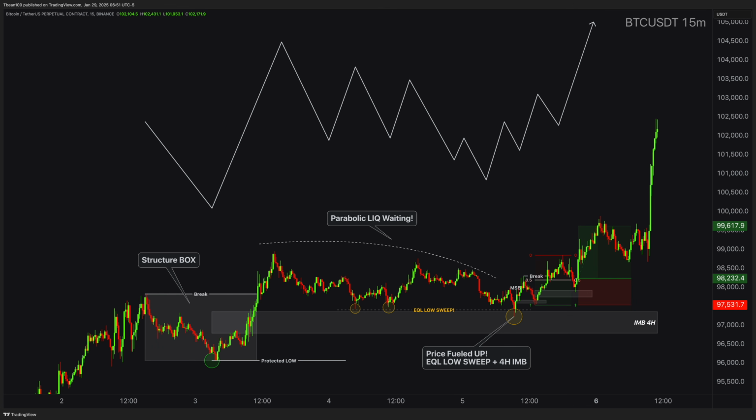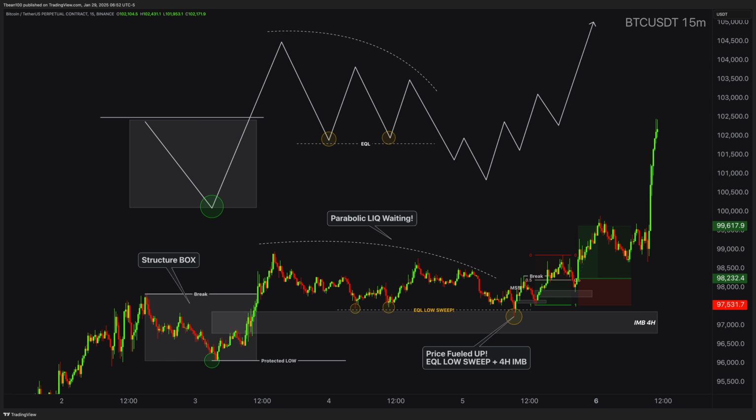So let's summarize this pattern with even more basic visuals. Price breaks strongly and it creates our masterclass structure box with a protected low below. Buyers are in main control here. Smart money creates these equal lows below for extra inner liquidity.